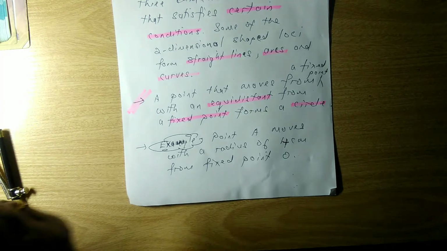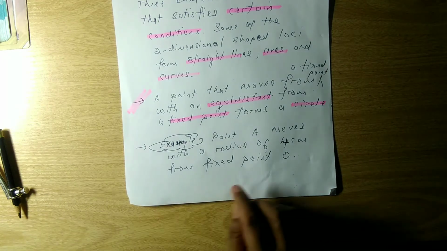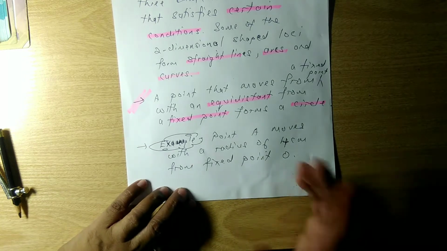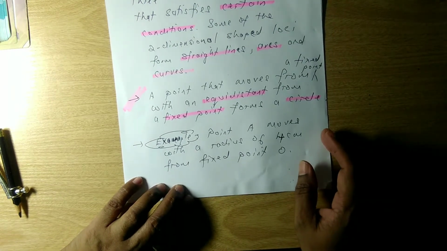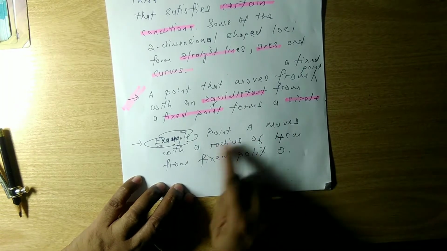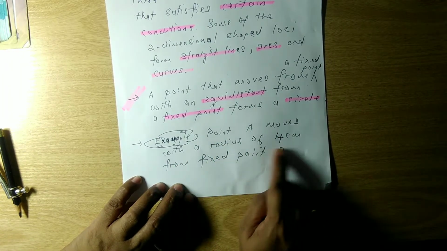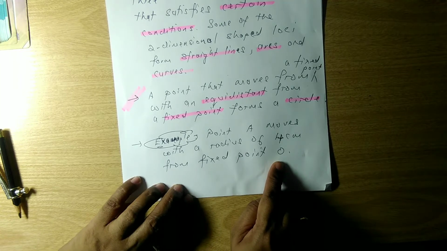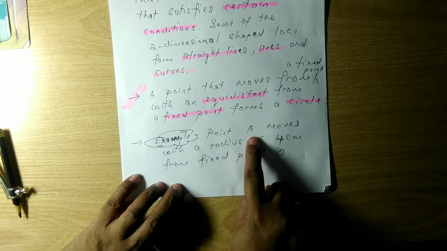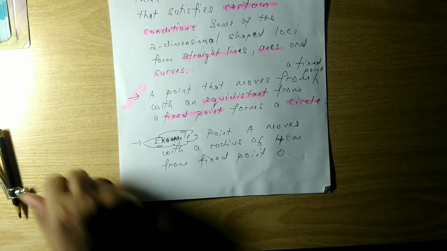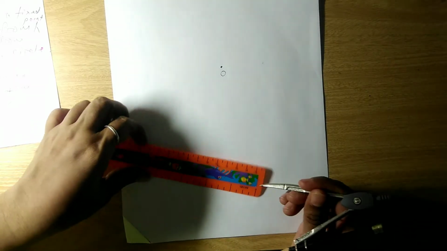For an example, point A moves with a radius of 4 cm from a fixed point O. So A is a moving point, whereas O is a fixed point. Let's assume this is my fixed point O, and my point A is constantly 4 cm from the fixed point O.